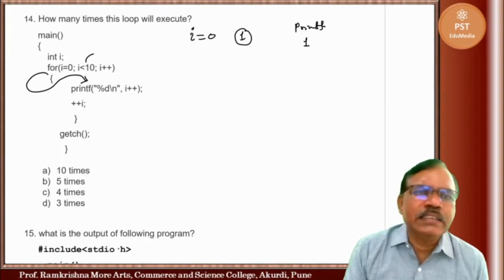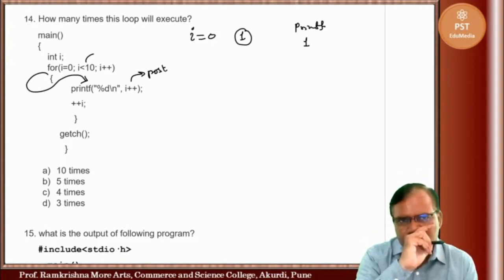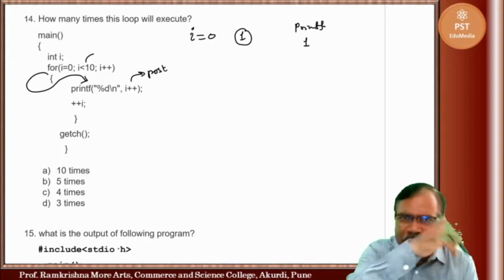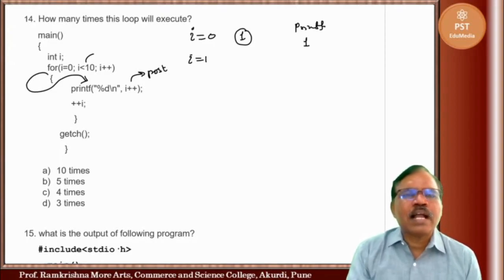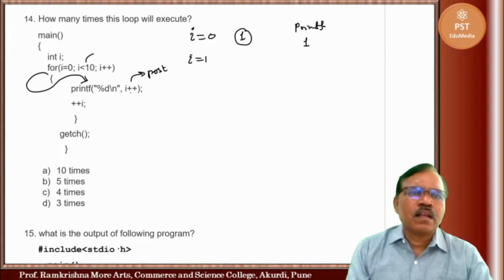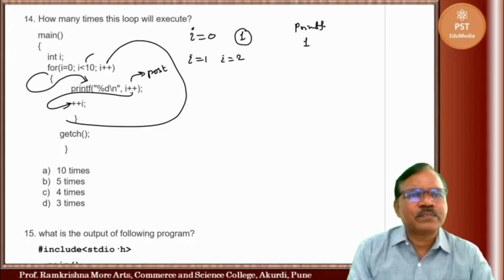Now see here, it is post increment, so it will first print and then increase. So i becomes 1 after printing. Then it goes here, plus plus i, so i becomes 2 now.